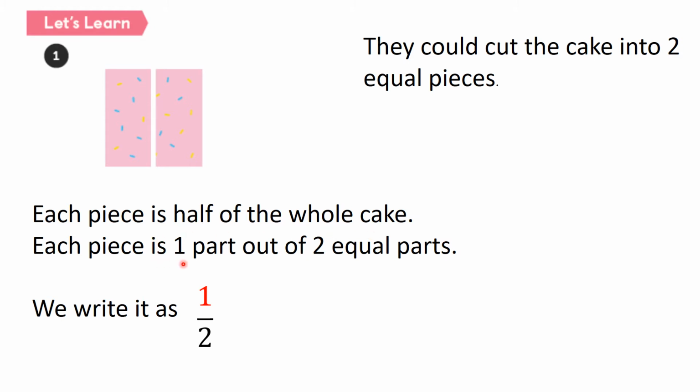Each piece is 1 part out of 2 equal parts. And when we write that as a fraction, we write it as 1 out of 2 equal parts. So Ravi would get half of the cake and Hannah would get half of the cake too.